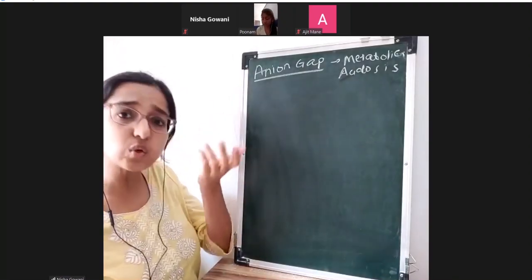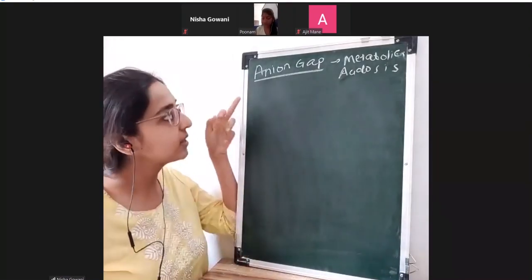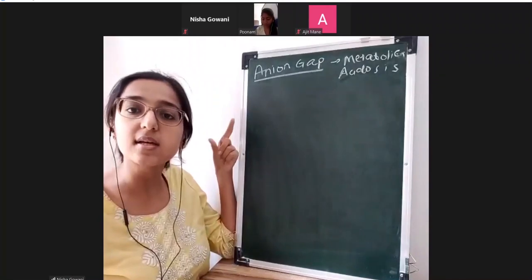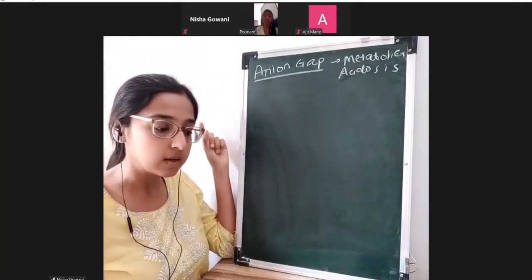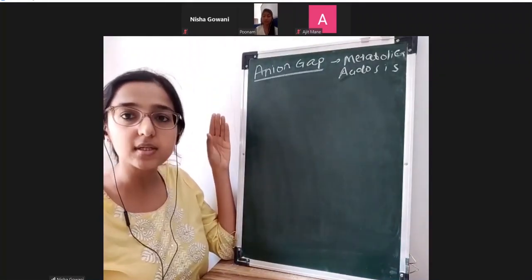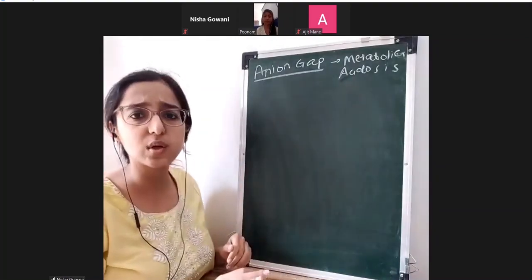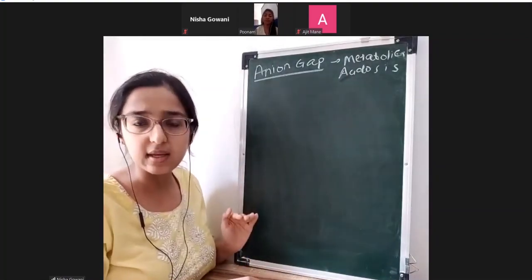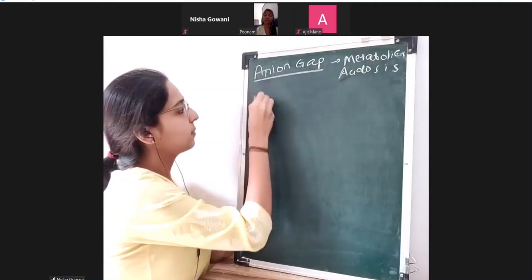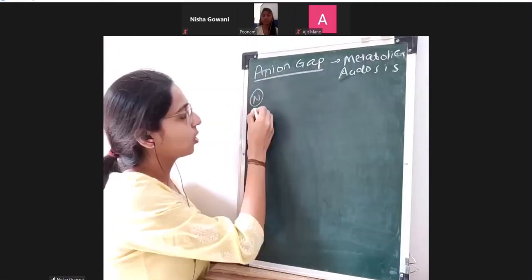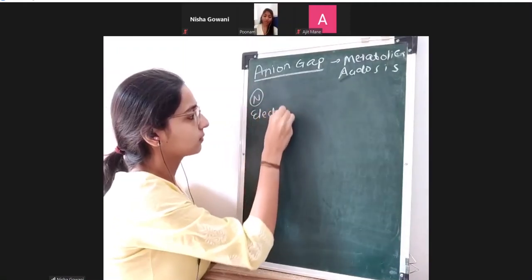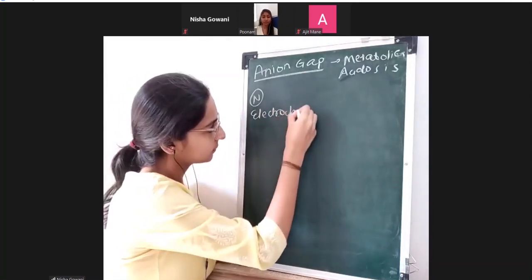Okay. So what is anion gap? From the name only you come to know, it is the excess of anions. In a normal physiological person, there is no anion gap. In the normal situation, there is always an electrochemical balance.